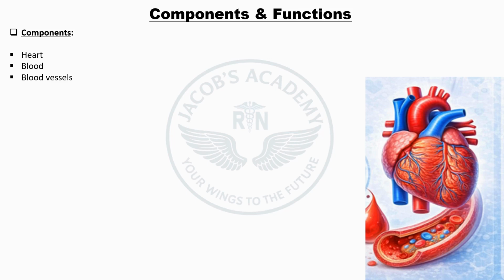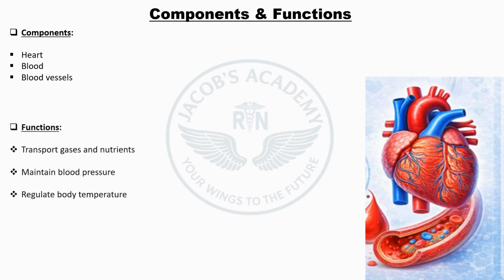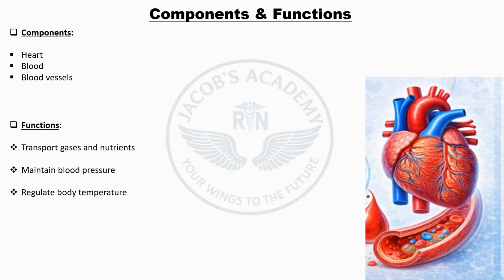Now let us move on to the functions of the cardiovascular system. The first function is the transport of gases and nutrients. Oxygen and nutrients are delivered to body tissues, while carbon dioxide and waste products are removed.